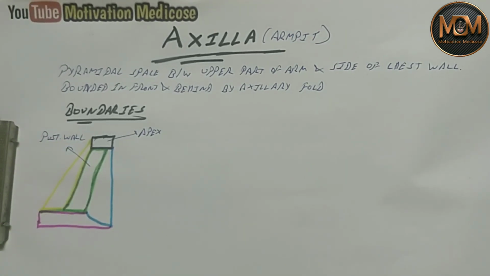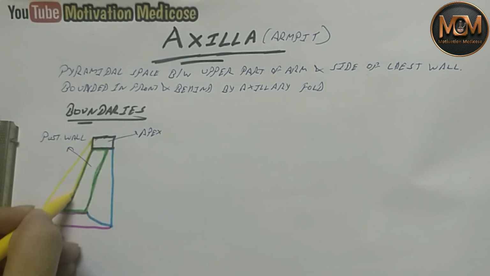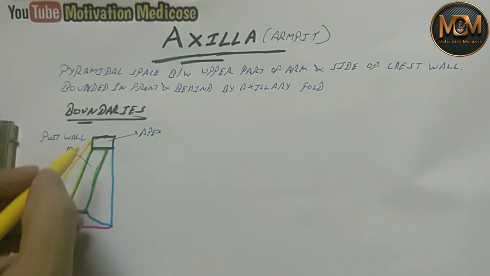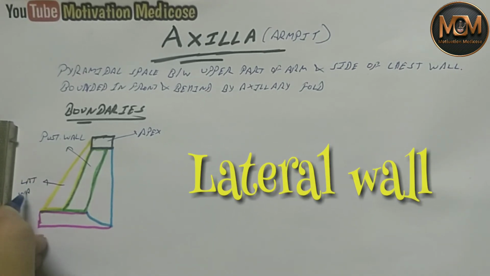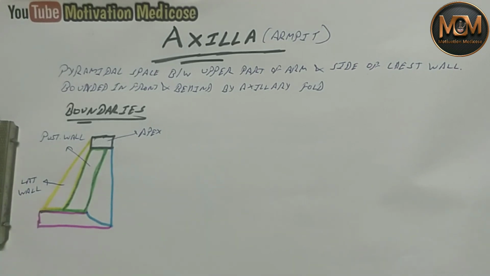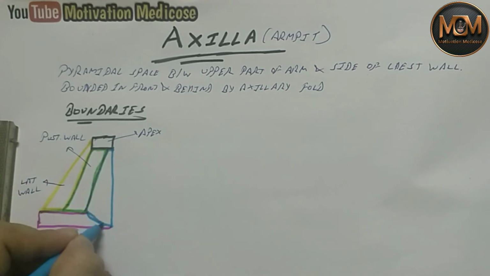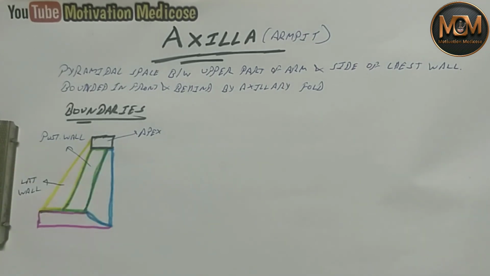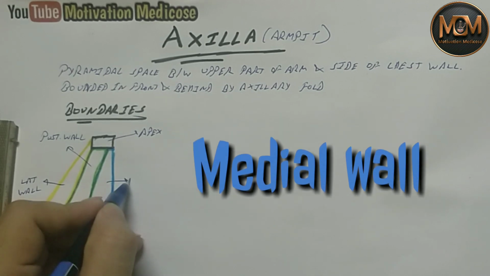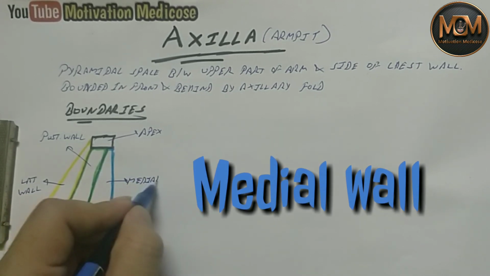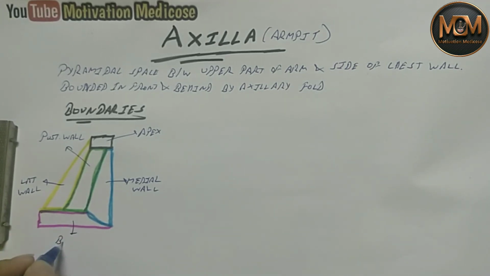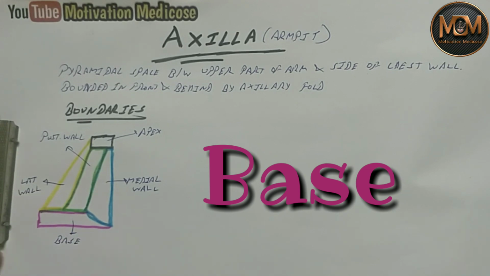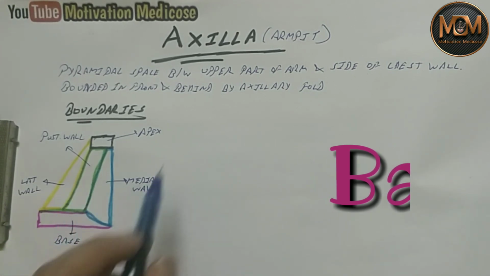The yellow color will form your lateral wall, and the blue region will be your medial wall. And this will be your base. So this pyramidal structure will form the boundaries.